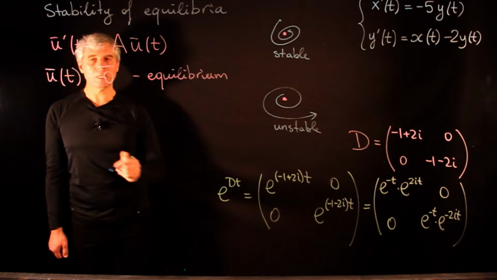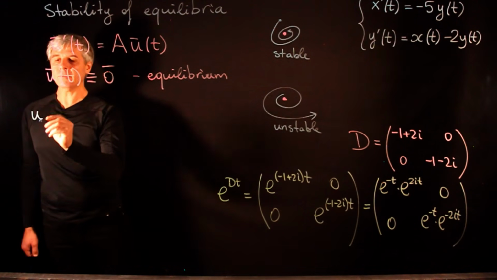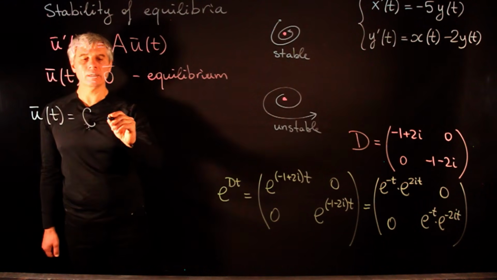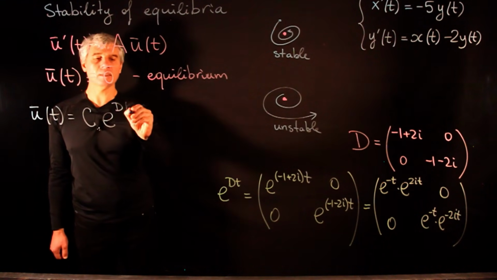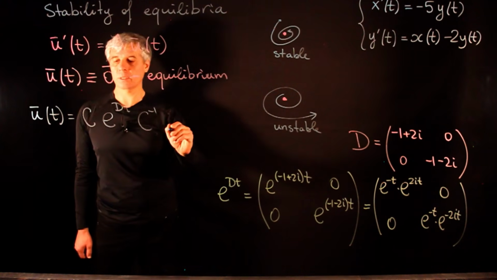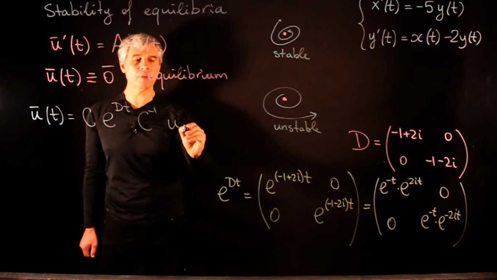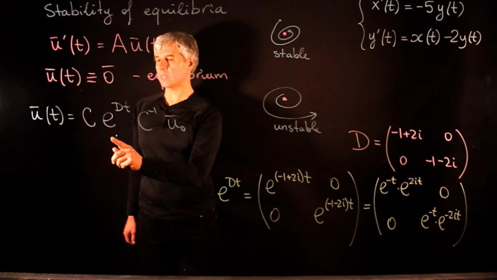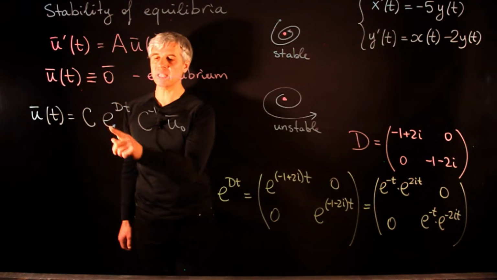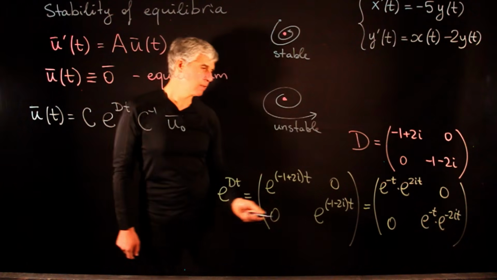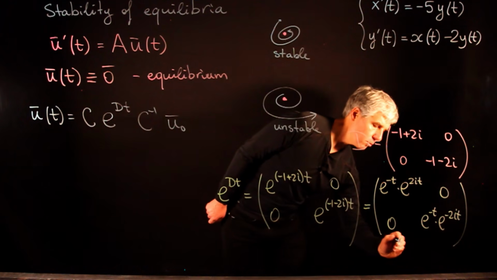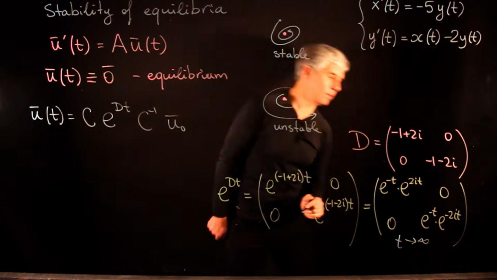What we see is that our solutions are given by the following formula. So it's C e to the Dt times C inverse times the vector u0. The evolution of this solution is determined by the exponential of the matrix D. Now, let us look at this matrix. What will happen to this matrix if t goes to infinity?